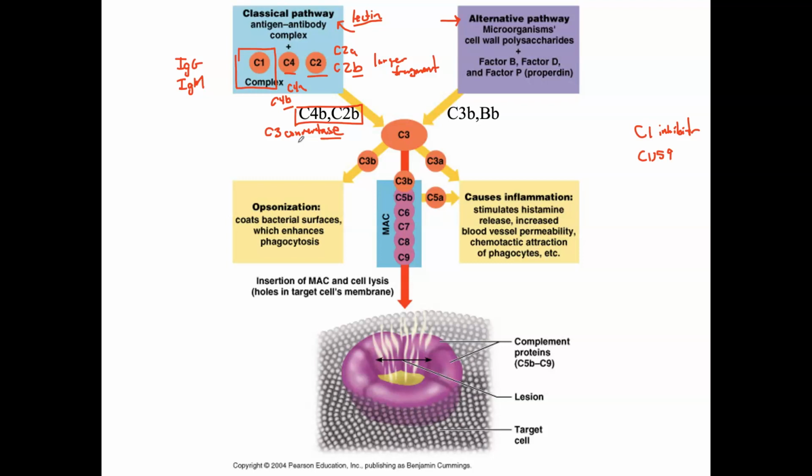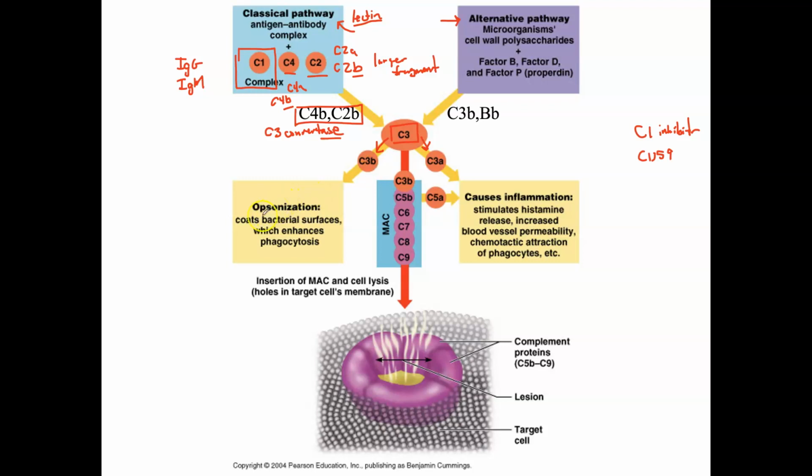When C3, this protein right here, becomes activated, it separates into two proteins. So we get the C3a fragment and the C3b fragment. The purpose of these fragments is to initiate non-specific defense mechanisms.